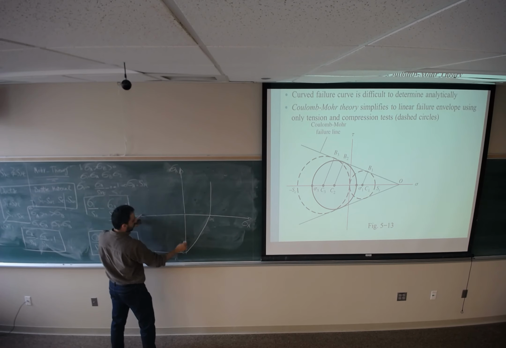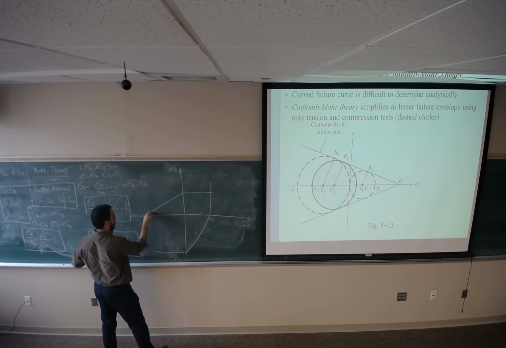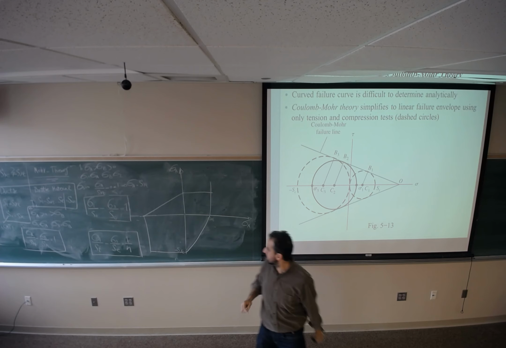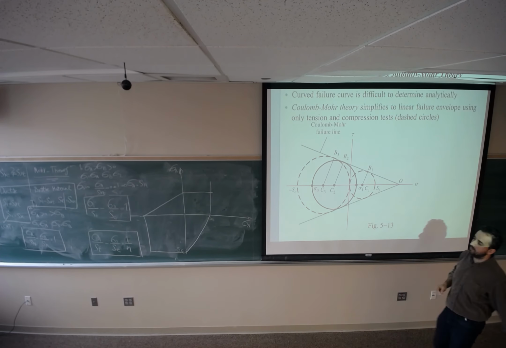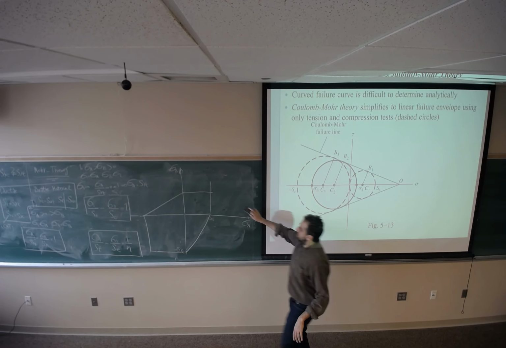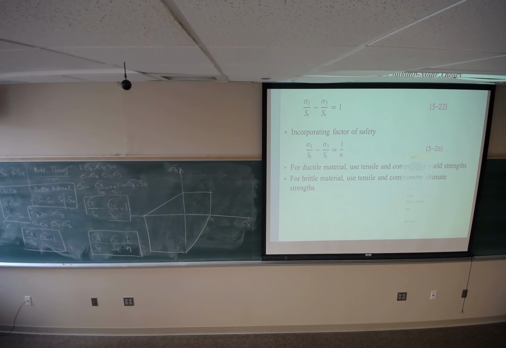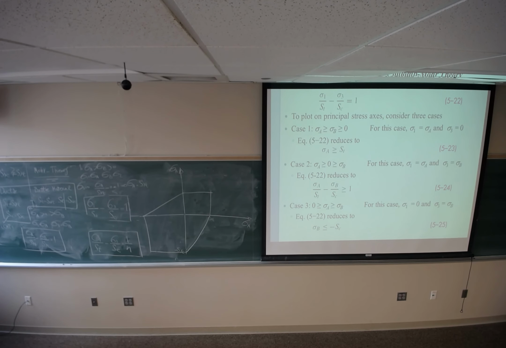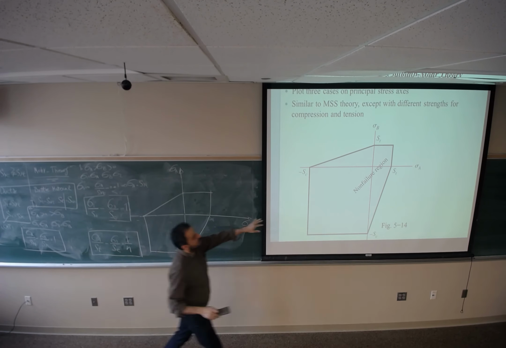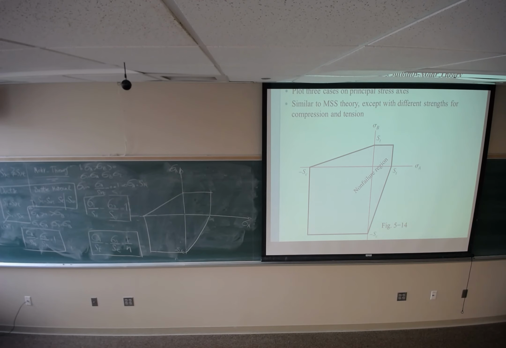Due to the symmetry, I can complete the other 3 lines and end up with this safe zone, which is going to look like this. We have the non-failure zone inside the box, and outside of the box is going to be the failure.